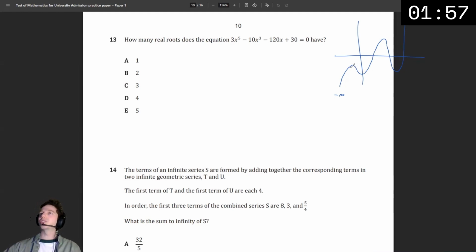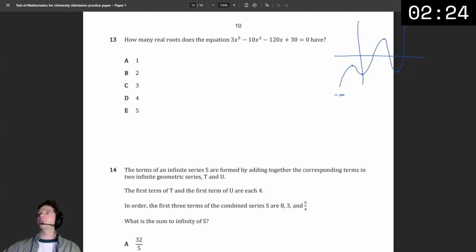So we haven't passed the x-axis so far, right? Then I have another turning point here, and we haven't passed it so far. Then my next turning point is positive, so that means I've passed it. And my next turning point is negative, so there's been a sign change, and we've crossed the x-axis in between.